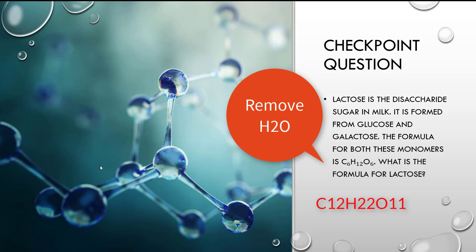And oxygen, instead of having 12 like carbon, it would have 11. Okay, so the chemical formula for lactose is C12H22O11. Okay, plus we'll end up with a water molecule, H2O.